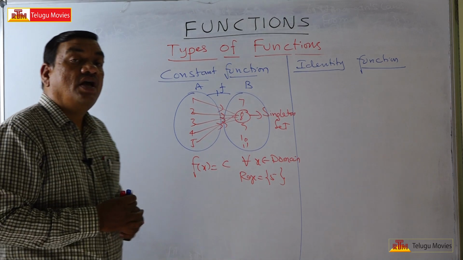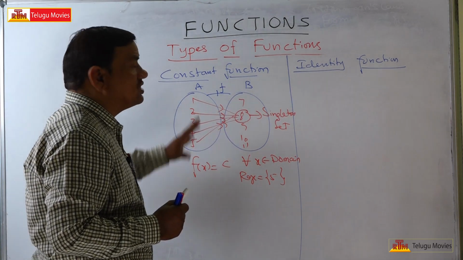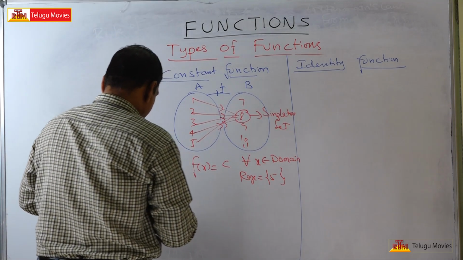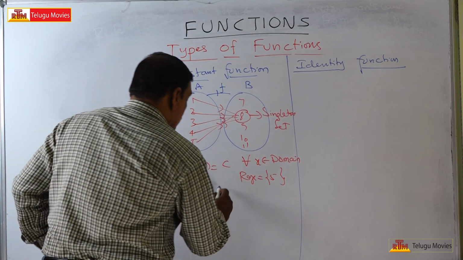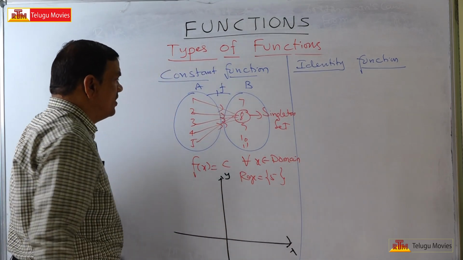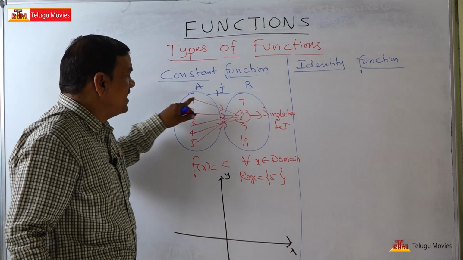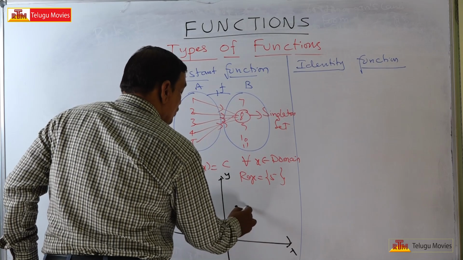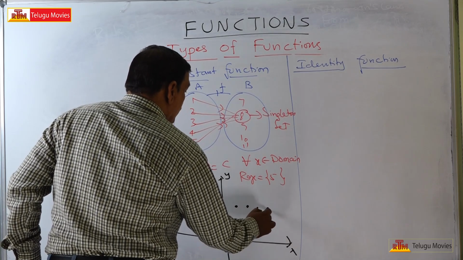Whatever the constant function may be, its graph is always like this. See here, x-axis, y-axis. For example, 8 is the image of 1, that means 1 comma 8. So this is 1 comma 8, 2 comma 8, 3 comma 8, 4 comma 8.